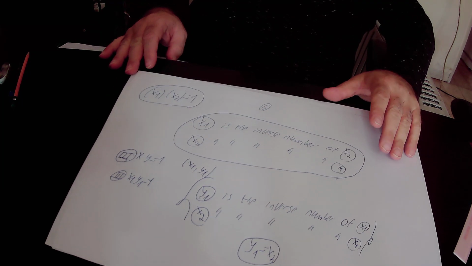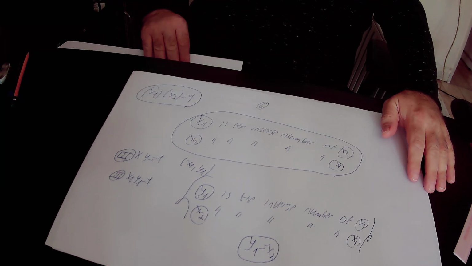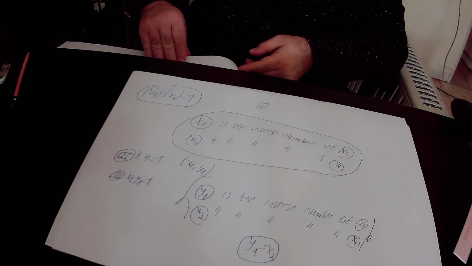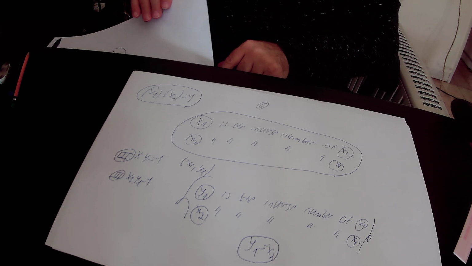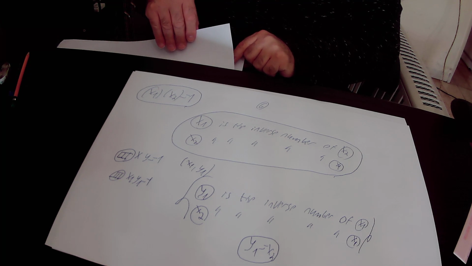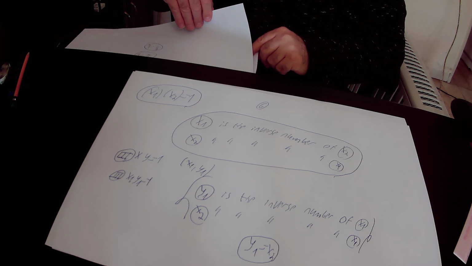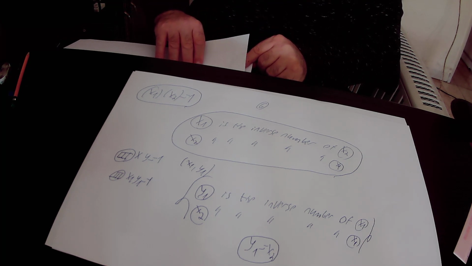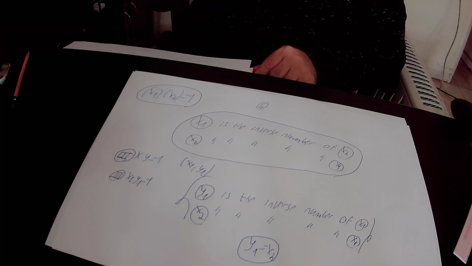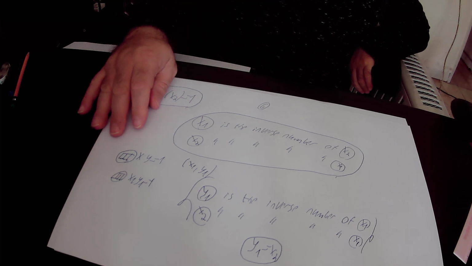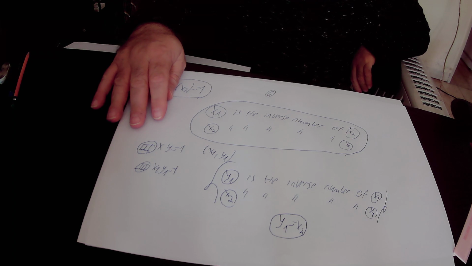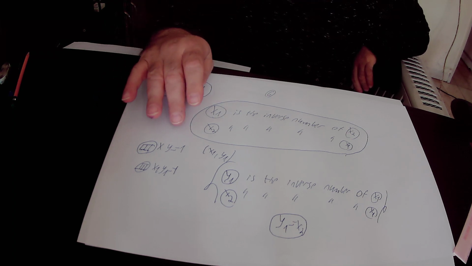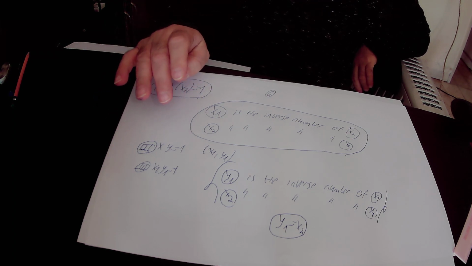What does it mean that x1 times x2 equals 1? It means that x1 is the inverse number of x2, and x2 is the inverse number of x1. And also, according to equation number 3, we've already found that x times y equals 1.